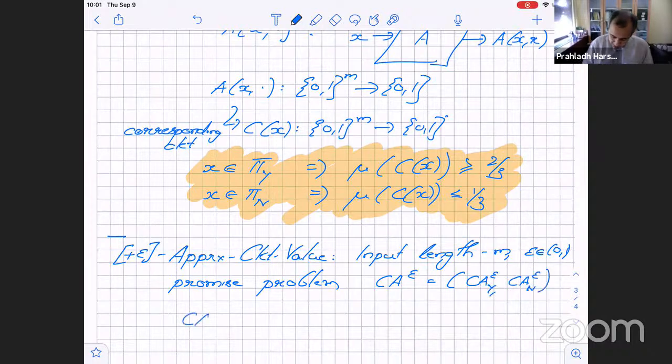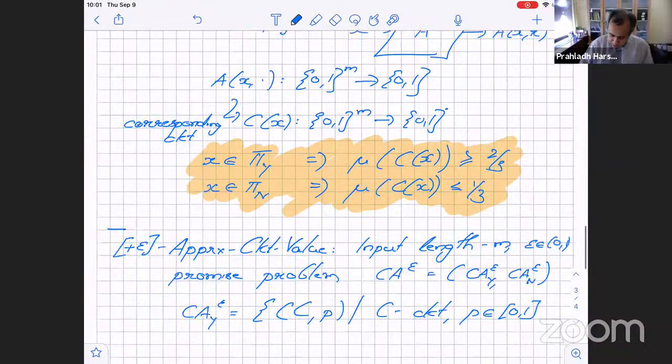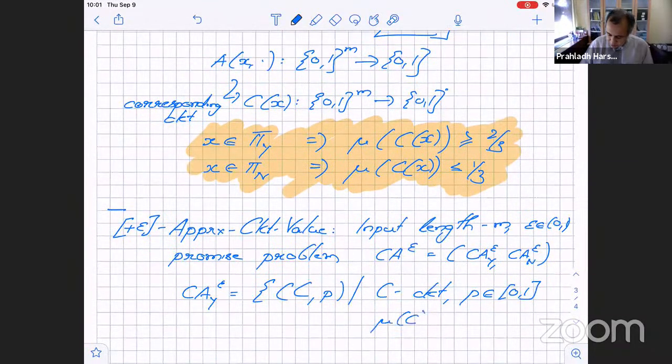And what are the yes instances? The yes instances are a pair C comma P, where C is a circuit, P is a number between 0 and 1, and it is such that mu of C is greater than or equal to P plus epsilon. So the yes instances are those circuits whose fraction of accepting inputs is greater than P by a margin, P plus epsilon.